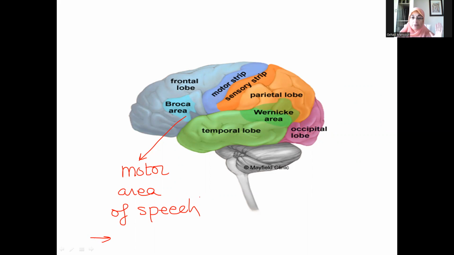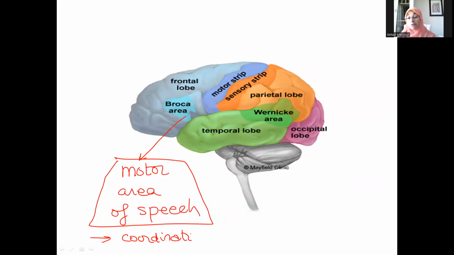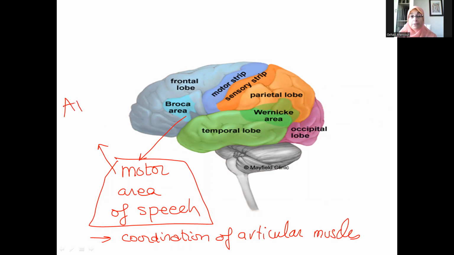But the muscles are not paralyzed. When you have injury of Broca's area, it is responsible for coordination of the articulator muscles, like the lip muscles, like the tongue muscles, and therefore we would have a kind of aphasia. Aphasia means difficulty speaking. That is called motor aphasia.